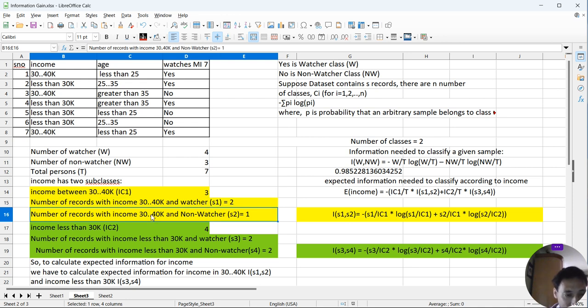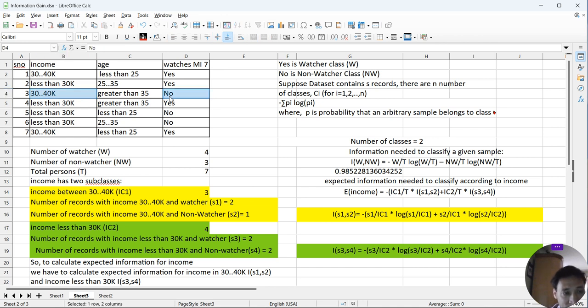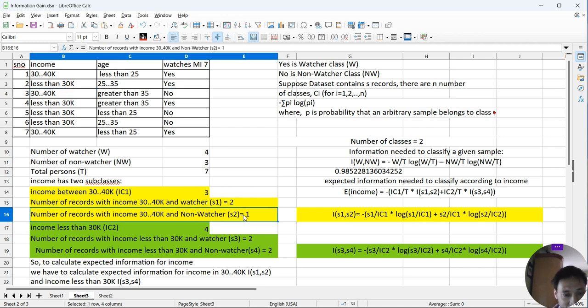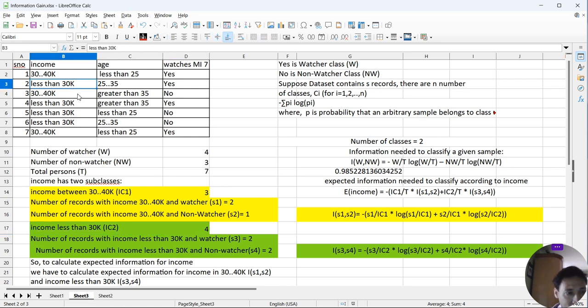Similarly, the number of records with income 30 to 40 and non-watchers, there is only 1 record. This is the record in which income is between 30 and 40 and has not watched MI7, that is only 1. So that, symbolized by yes2, is 1. Similarly, income less than 30,000, symbolized by IC2, there are 4 records: 1, 2, 3, 4.